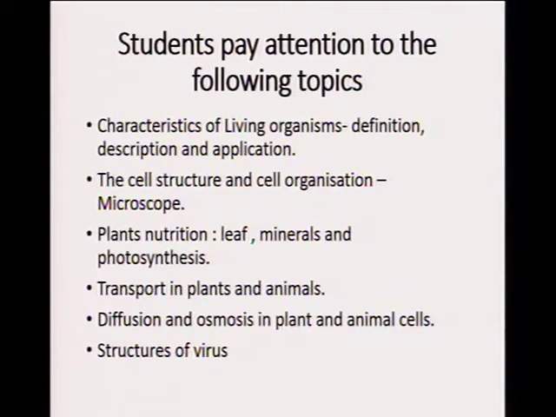For example, in plants we have a transport system, with the xylem vessels and the phloem tubes. But in animals, we have plenty of organ systems, such as the digestive system, the excretory system, the reproductive system, the respiratory system, and the circulatory system, quite a large number of systems.